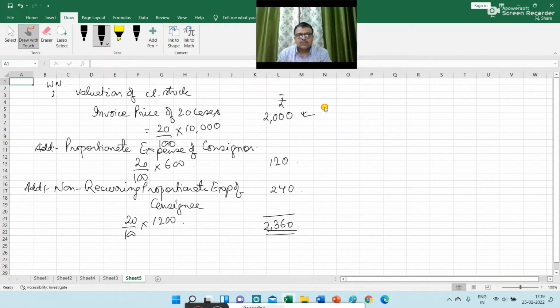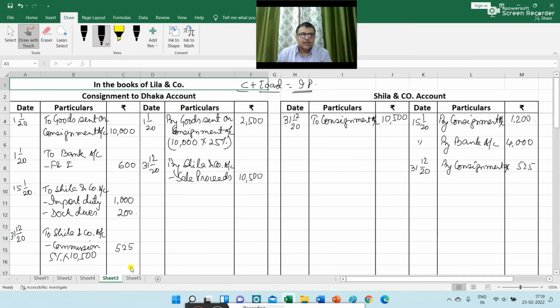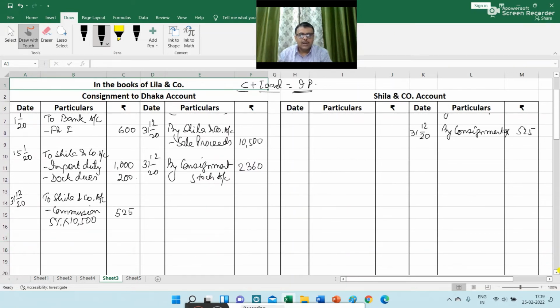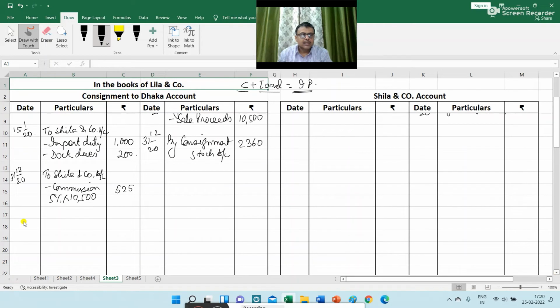Now in this rupees 2,000, which is valued at invoice price, we have to calculate the amount of stock reserve. So stock reserve is equal to 25% into 2,000 rupees, which comes to rupees 500. So in consignment account, I will write on 31st December 20 by consignment stock account 2,360, and on the debit side we will write the stock reserve.